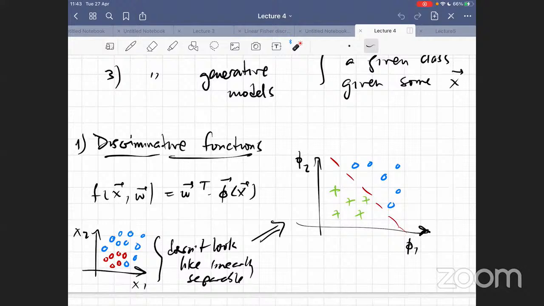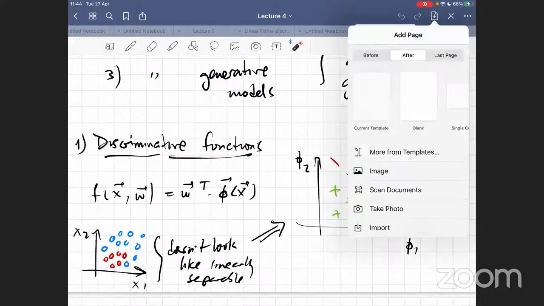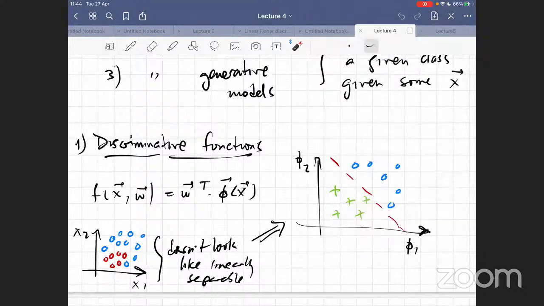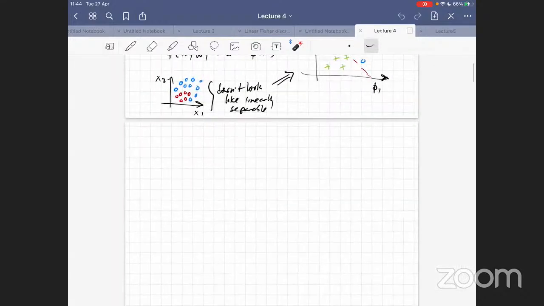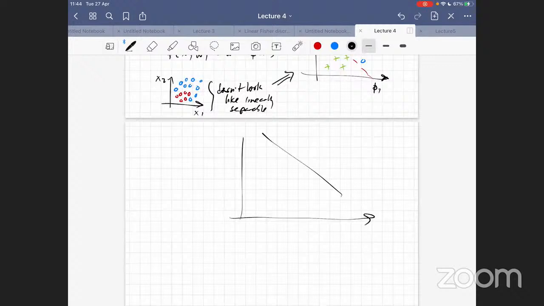So it's essentially a geometric reason. The points on that line are such that you realize this. Let me put here a new page. Imagine you define a line here, and then you have points on this line.